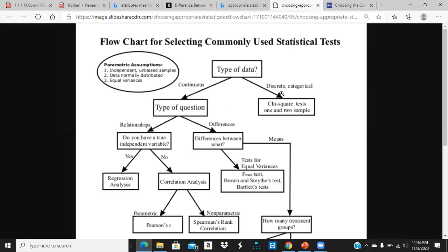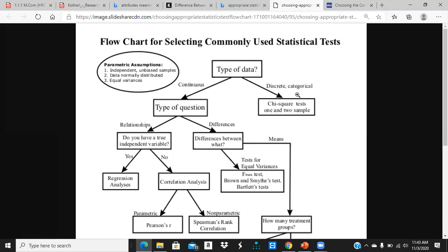If it is discrete or categorical, discrete means you are grouping the variables, like male and female, categorical data, then you have to go for the chi-square test, for one and two samples.